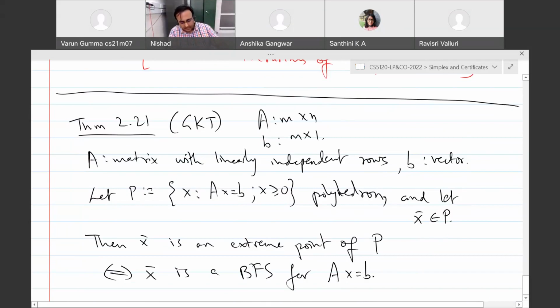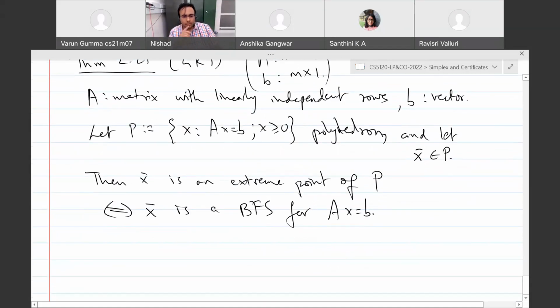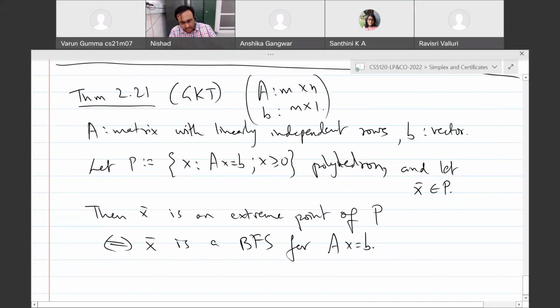Okay, so that's just implicit. Okay, so the extreme points of the polyhedron for this standard equality form linear program are exactly what we defined as the basic feasible solutions for AX equal to B. Remember, feasible automatically implies that we want it to be non-negative, right? That's by definition.